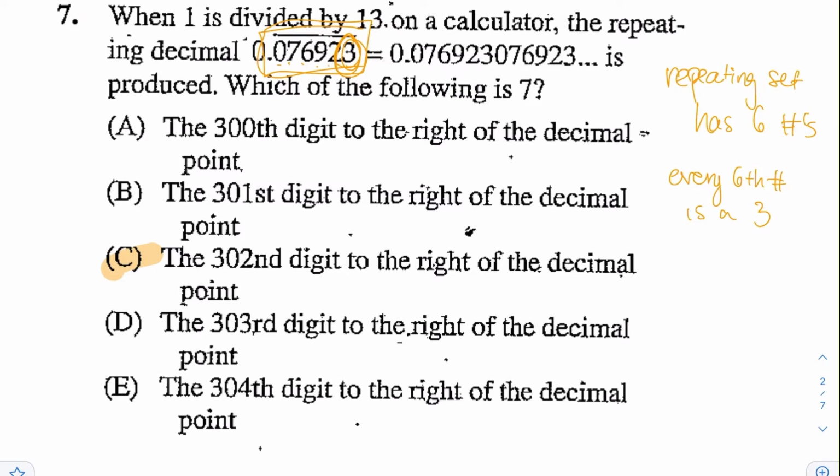So that means that you can just take each of these and divide it by 6 to figure out that that would end the set. So you want a multiple of 6 that's in the 300s. Well, 300 you can divide by 6 to get 50. So the 300th digit will be a 3, because 300 is a multiple of 6.